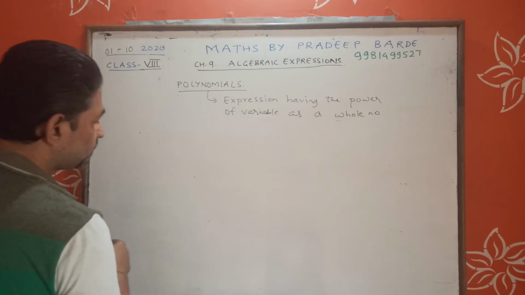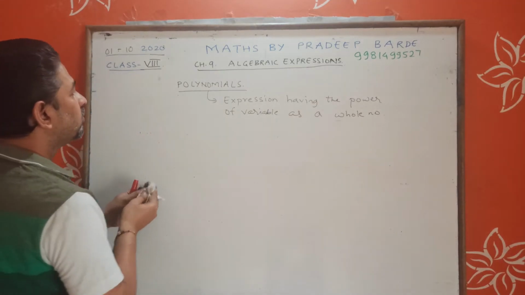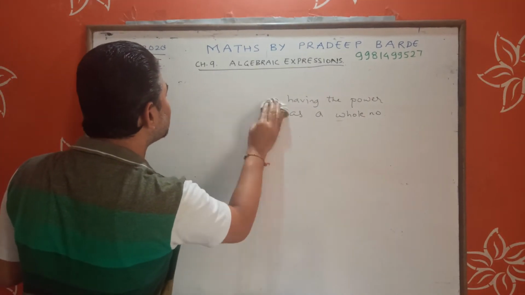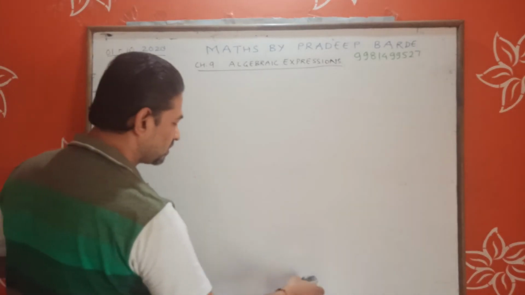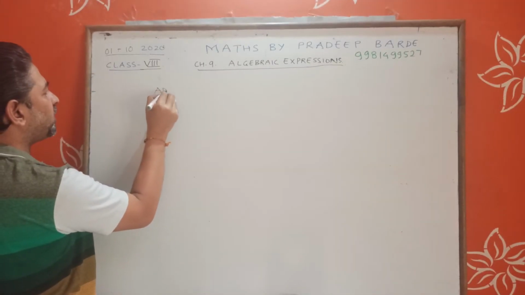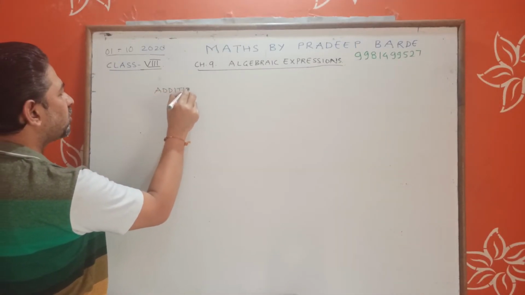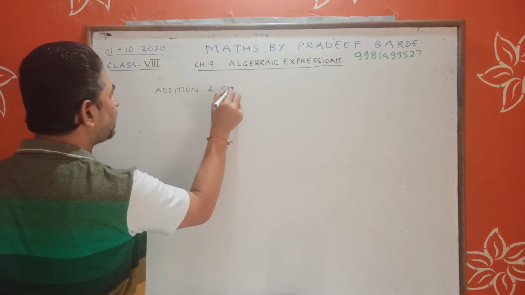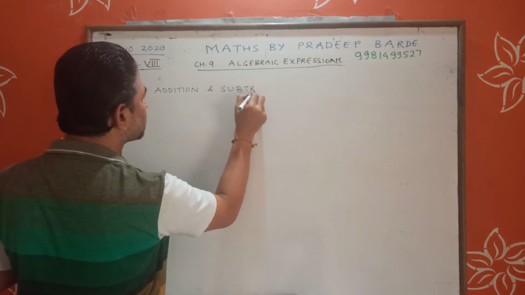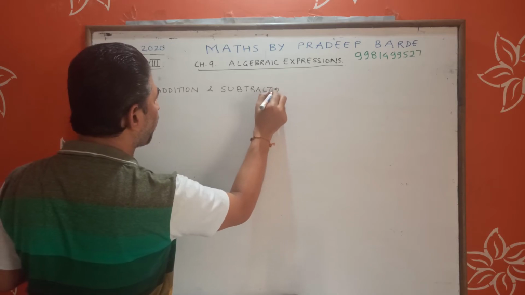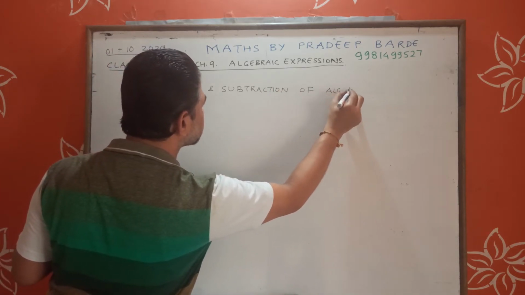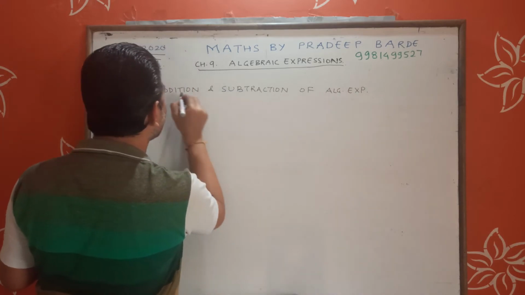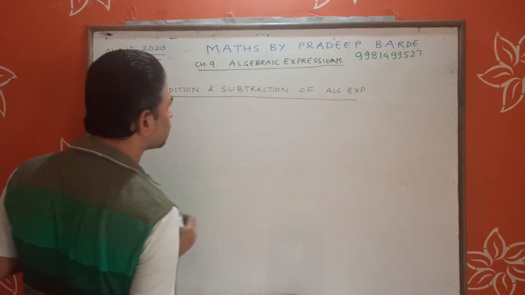Now further, we'll discuss the addition and subtraction of algebraic expressions. Addition and subtraction, a very important rule you need to remember. We have already learned this in the previous class also.